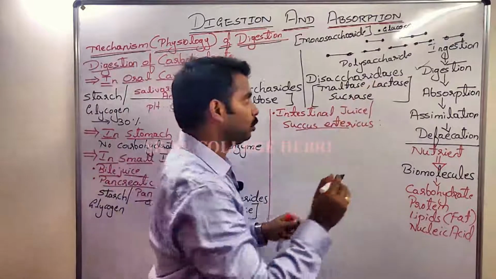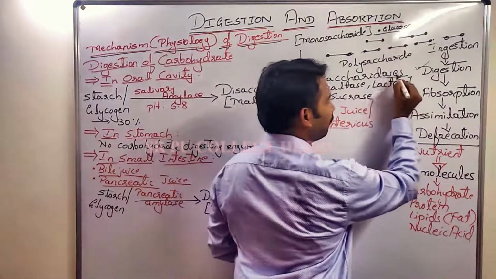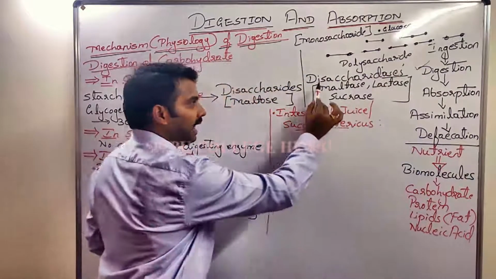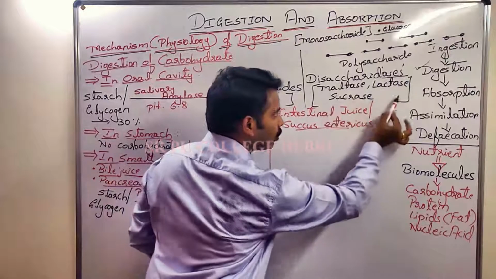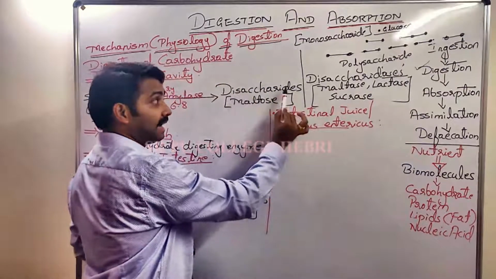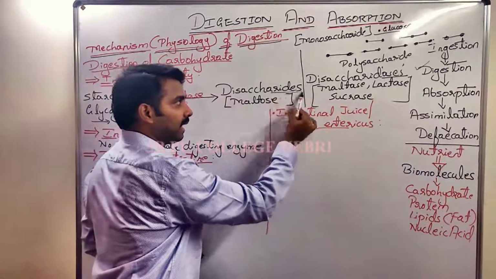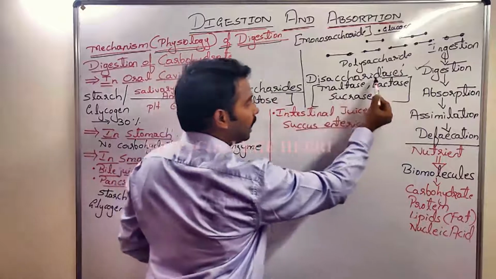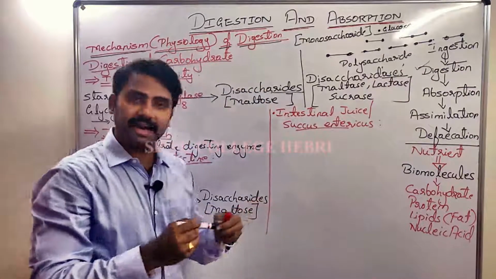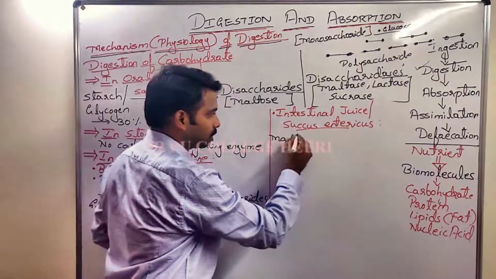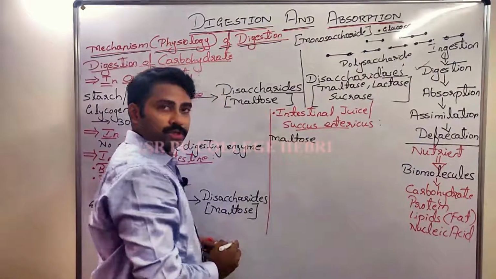Disaccharidases, I already told you, whenever there is a suffix 'ase', what you have to understand? It is an enzyme. Disaccharidases are that group of enzymes which act on disaccharides. The group of enzymes that act on disaccharides, what do we call them? Disaccharidases. The already formed end product is what? Maltose.